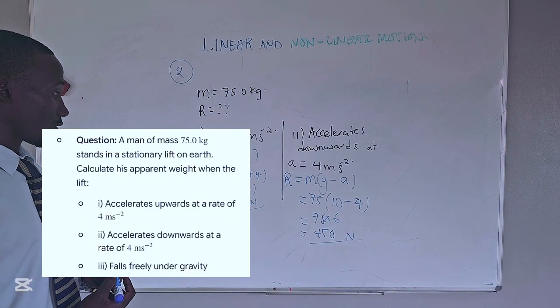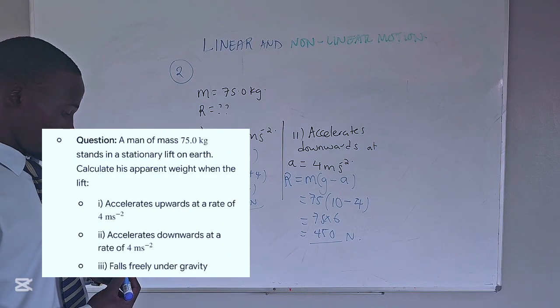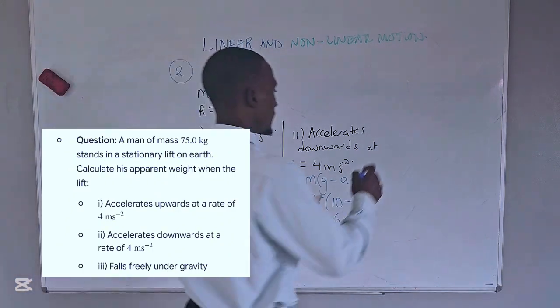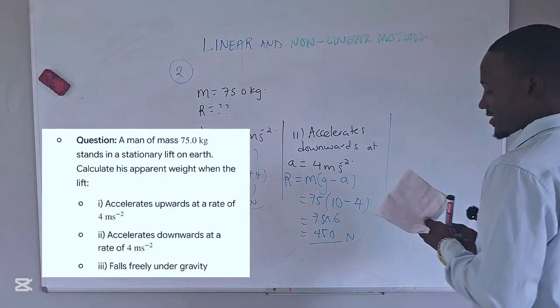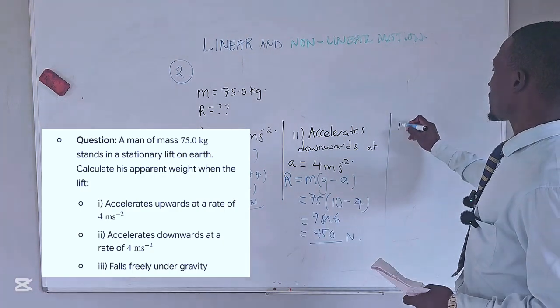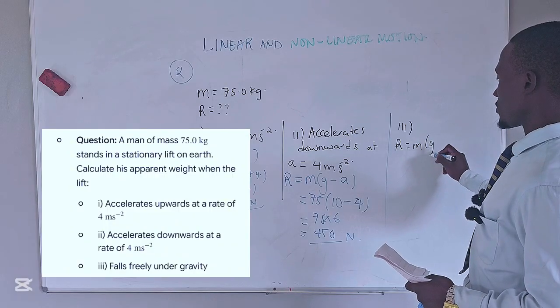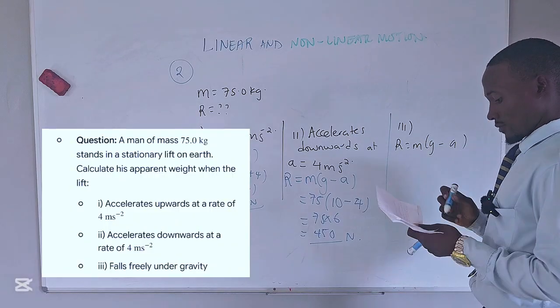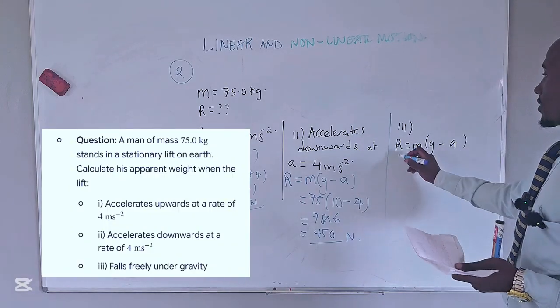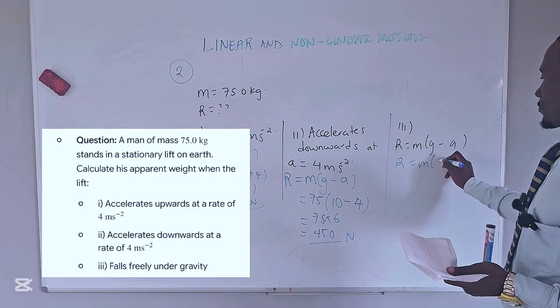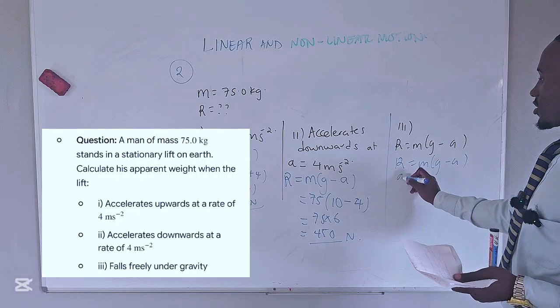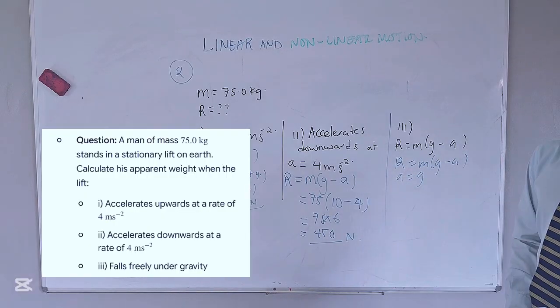Roman 3. If it falls freely, we know that it is moving downwards. So we are going to use this. It's moving downwards, but its acceleration is the acceleration due to gravity.